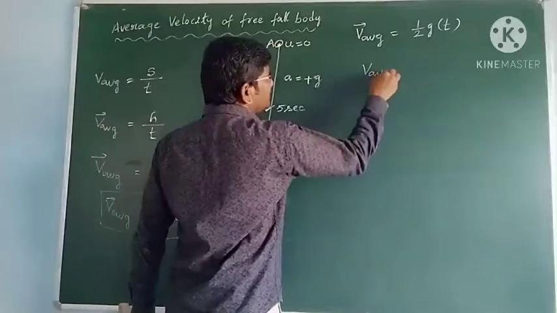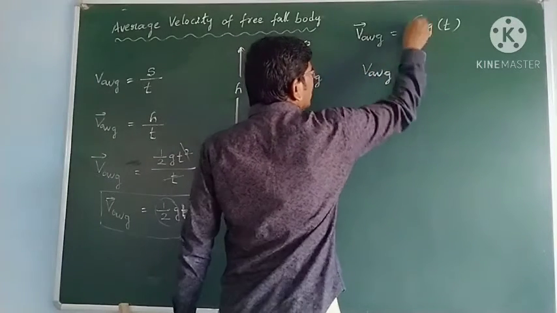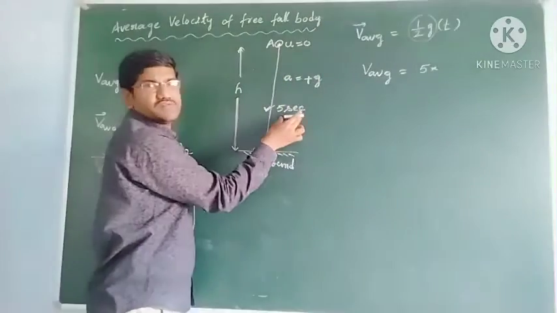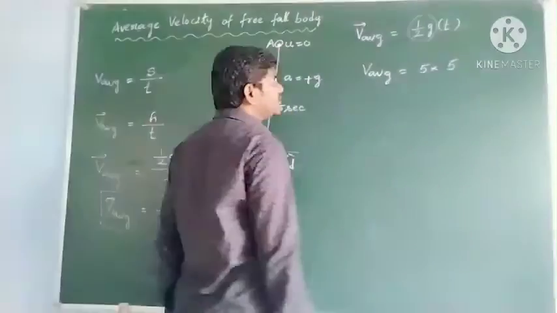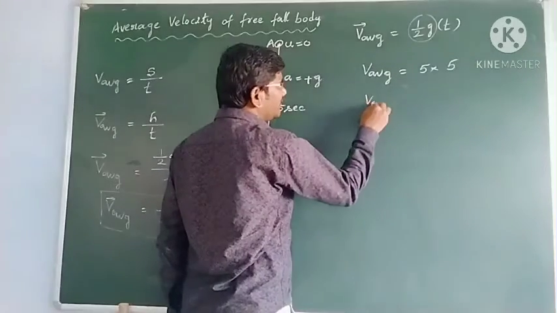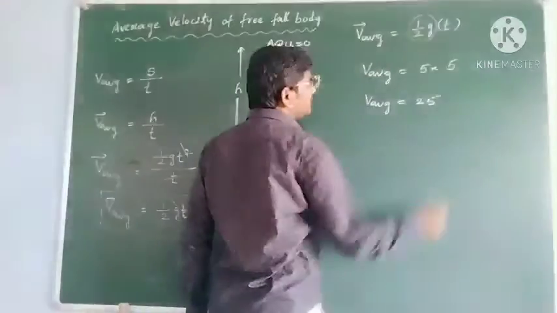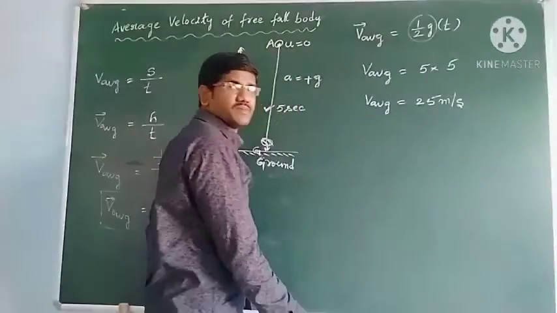So 1 by 2 g, and this value t will become 5. So into 5 you do it. So 5 into 5 it will become 25. So average velocity is 25 meters per second.